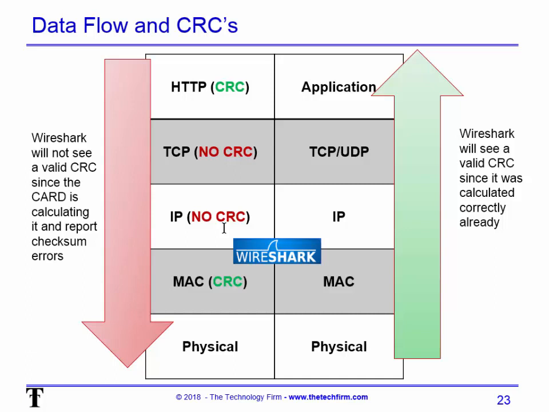And Wireshark will even say that to you sometimes. It'll say checksum offloading or offloading enabled with a question mark, that sort of thing. And he's trying to give you a hint that maybe this isn't a problem. Maybe this is just a setting on your card. On the way back, everything's going to look fine. So look out for that, because I get a lot of emails and messages about that checksum type issue, and it may not be an issue at all.